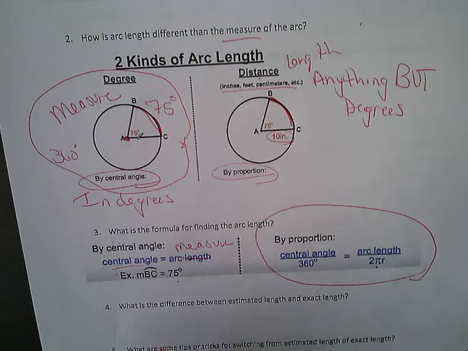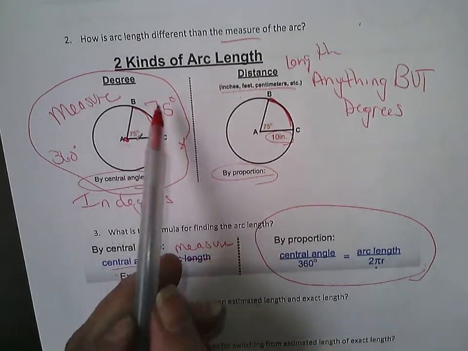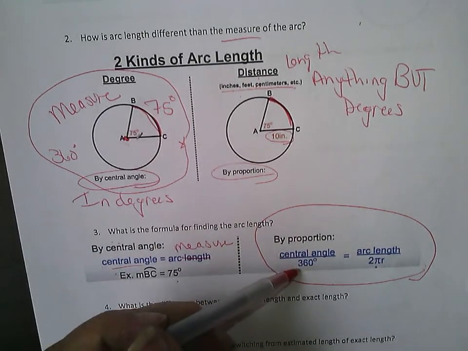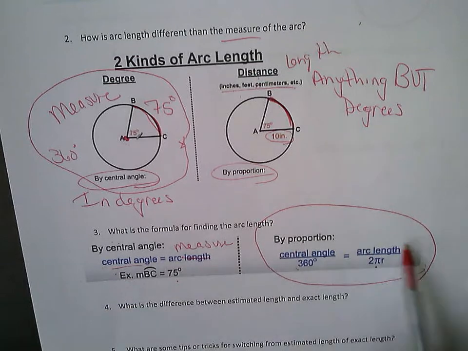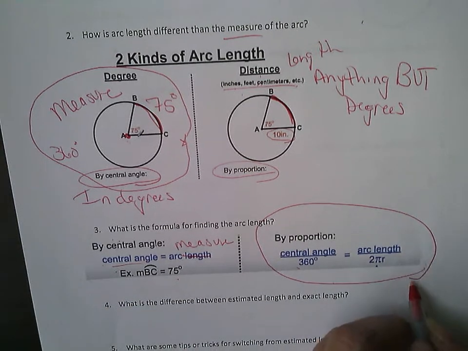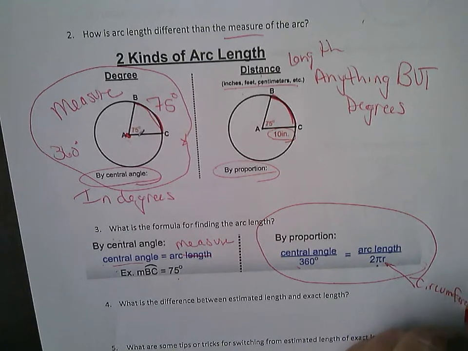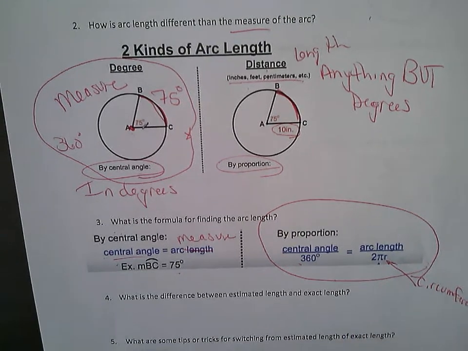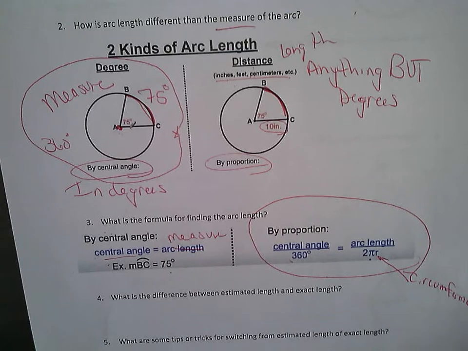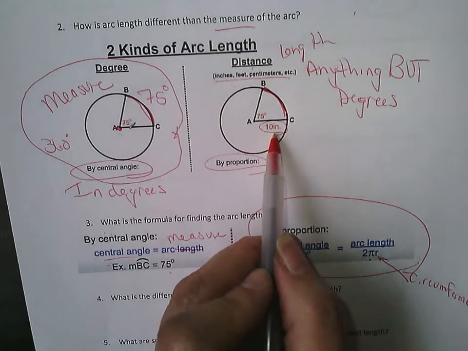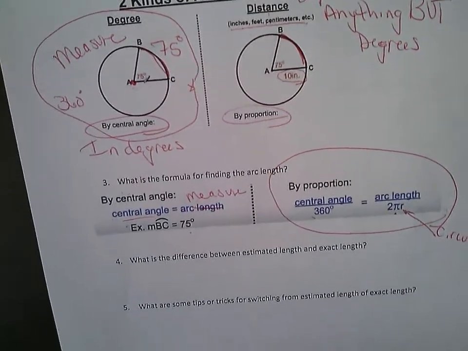But this is the formula we're looking at. It's the central angle, which is in degrees, over 360, which is degrees, is equal to the arc length over, and this is our circumference. So that's our formula for circumference. And you can see that it depends on the radius. Here's the radius, so we need that part.